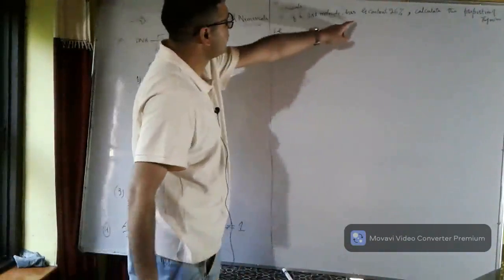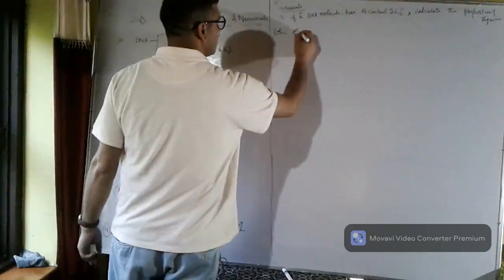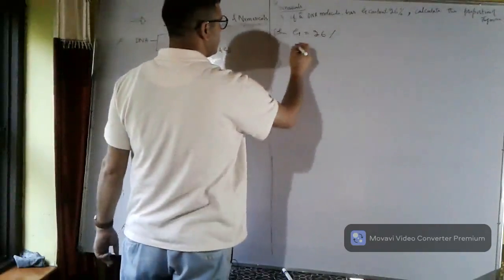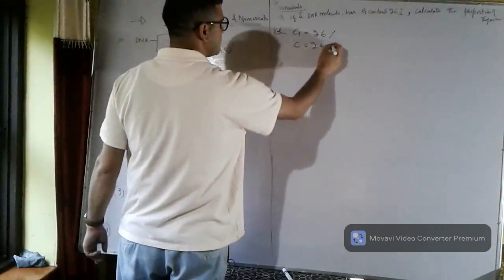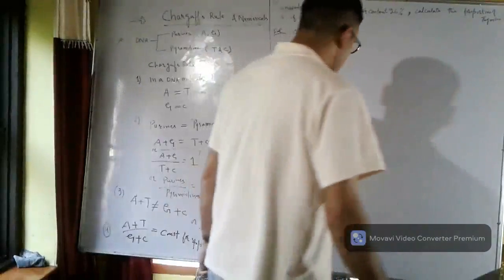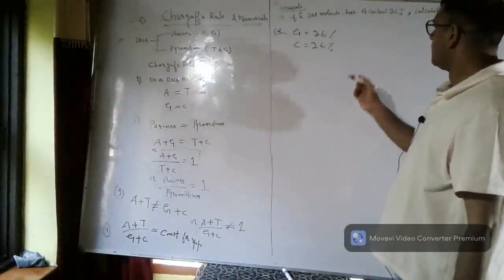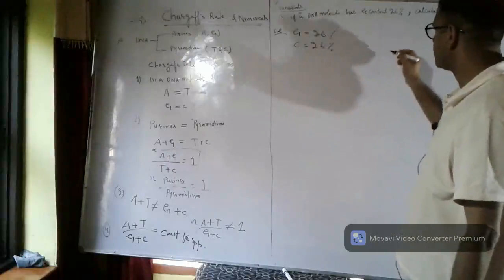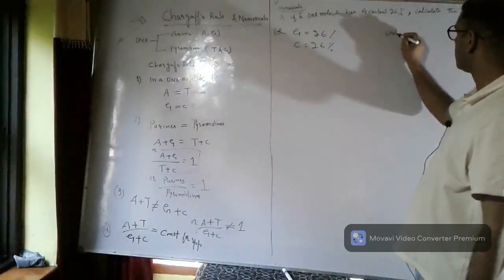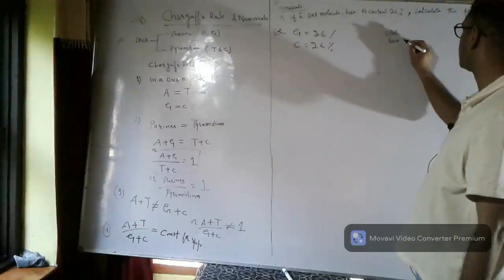So in a DNA molecule we have how much guanine? Given, guanine is 26%. That means cytosine is equal to 26%. Remember that in a DNA molecule, total base content is 100%.